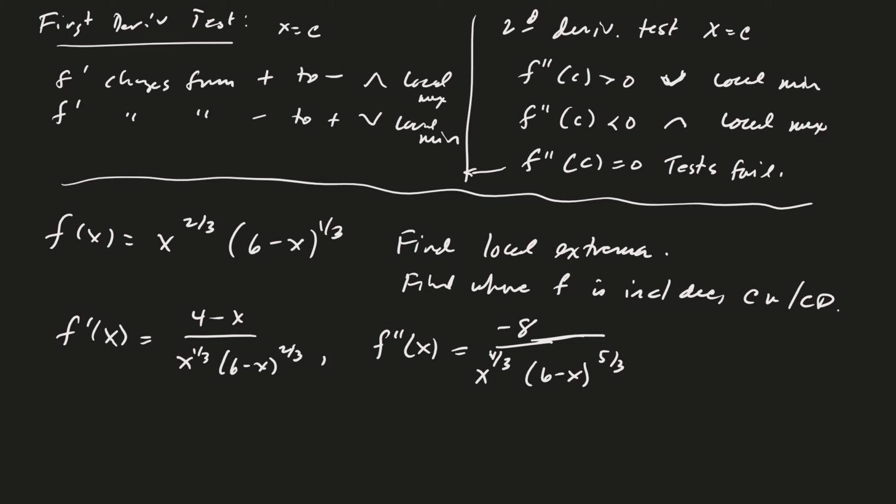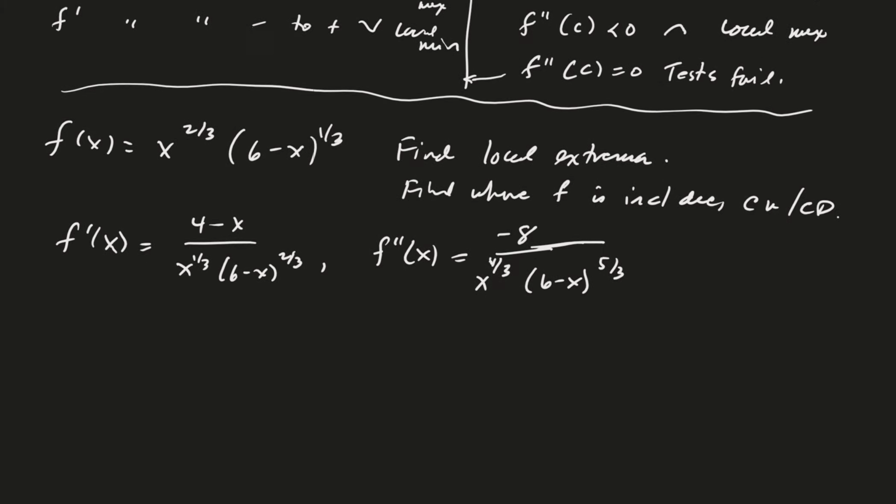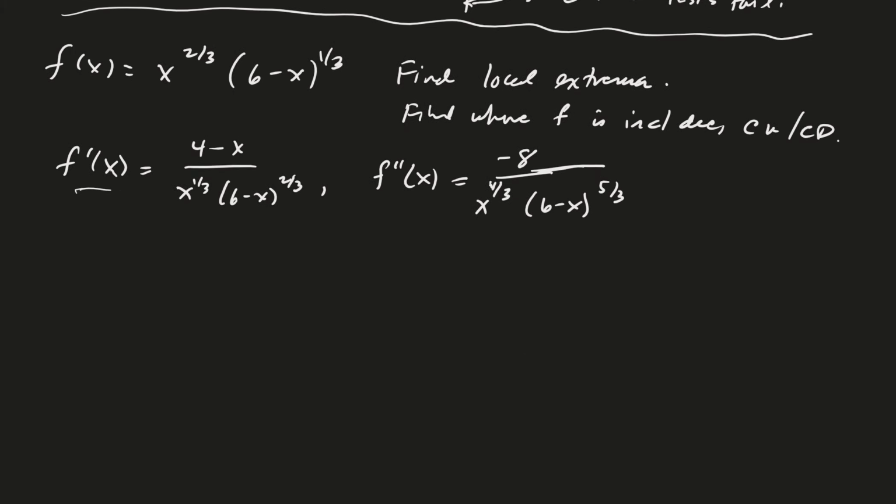Okay, so how do we start? Well, I want to find where the first derivative is positive or negative. And so what I'm going to do then is build a table, a sign chart for the first derivative. And so I'm going to list the factors over here: 4 minus x, x to the 1/3, and 6 minus x to the 2/3.